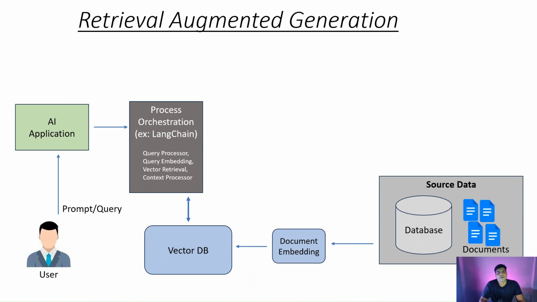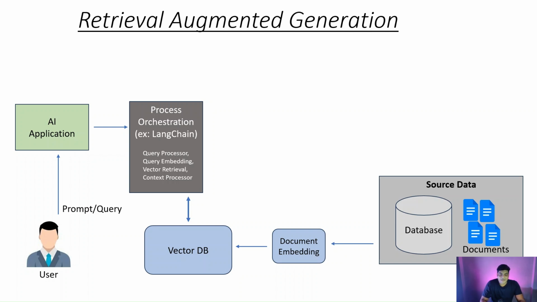So there is a separate process of document embedding, which is performed, and data is loaded into a vector database, which machines can understand. We will have a separate video on how vector databases work and how the whole process of vectorizing your data works. For this example, let's say data is already available in the vector DB.